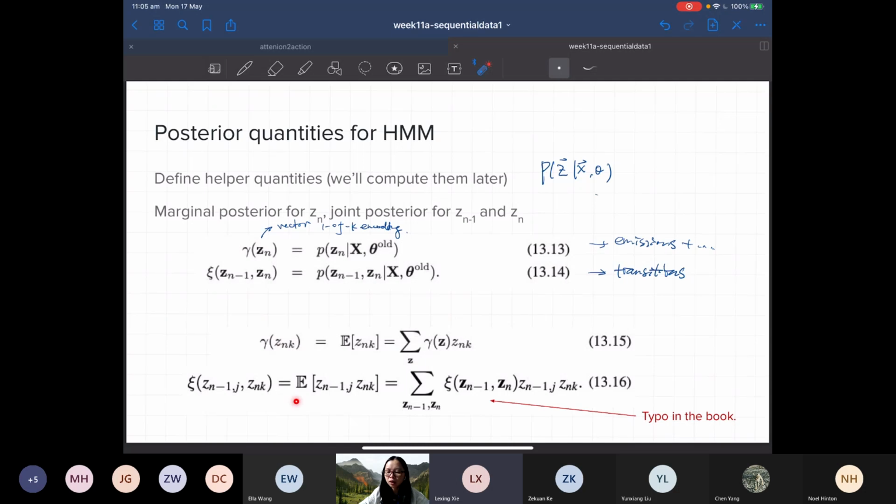Similarly, we do the same with this transition matrix, right? So this is a matrix. You may see in some literature this is shorthanded as C of JK, and then you somehow need to denote the time.